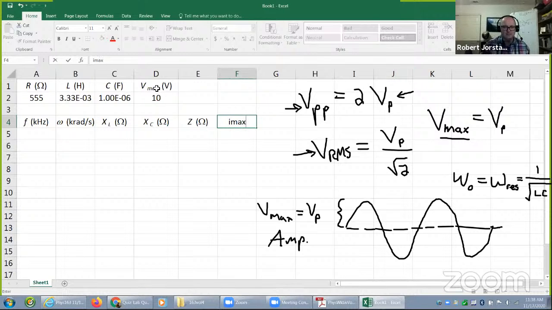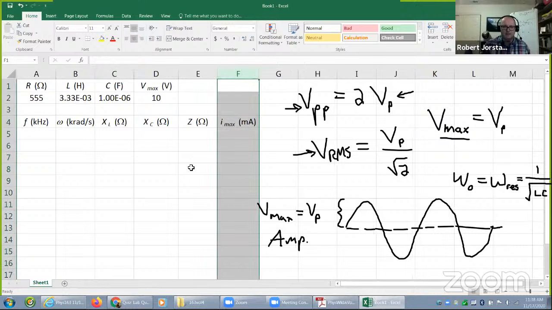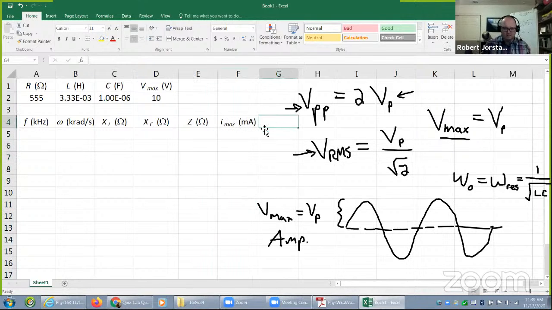Let's just do this. It's probably going to be milliamps, but I don't know. All right, and so let's say we've got this, and this is what we're trying to plot today, okay? And maybe we want to get the phase angle. All right. And so these are the things that we might want to do. You could look up the symbol phi later.